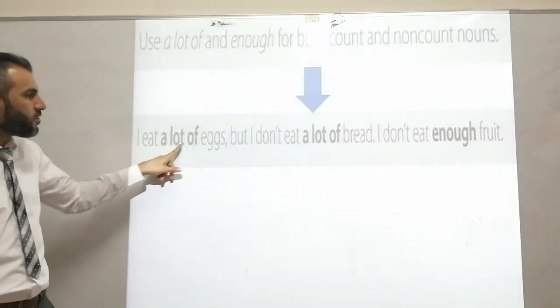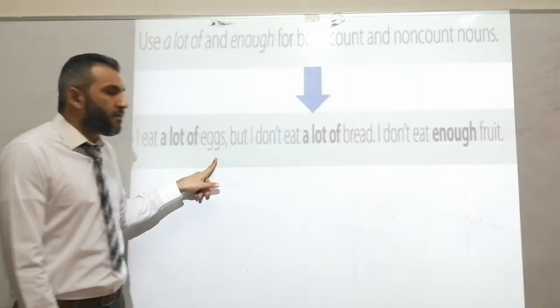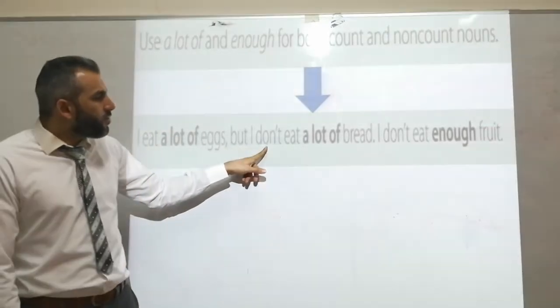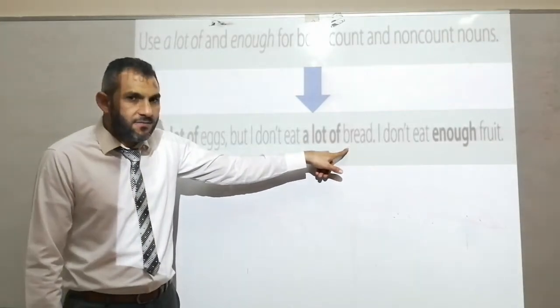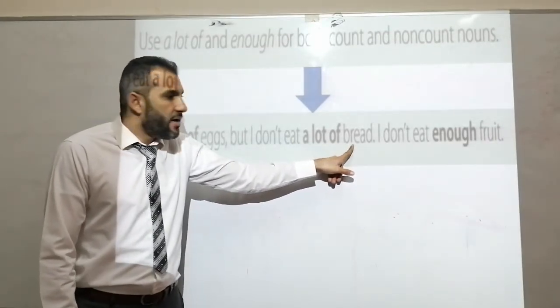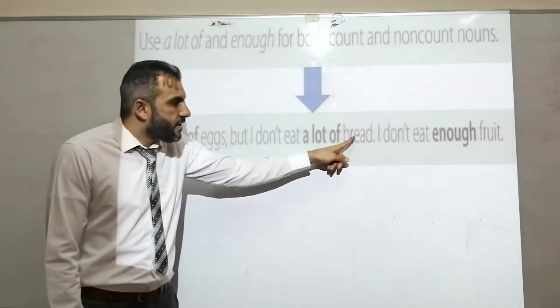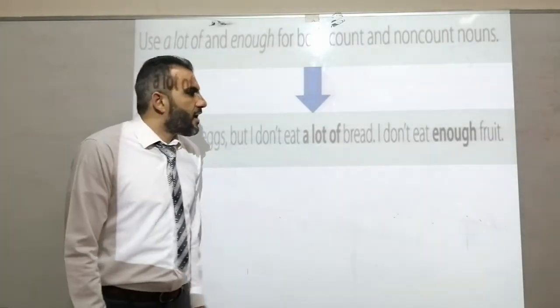Here we use a lot of with eggs. Eggs is countable. But I don't eat a lot of bread. Bread is uncountable. So here we use a lot of with countable and uncountable nouns.